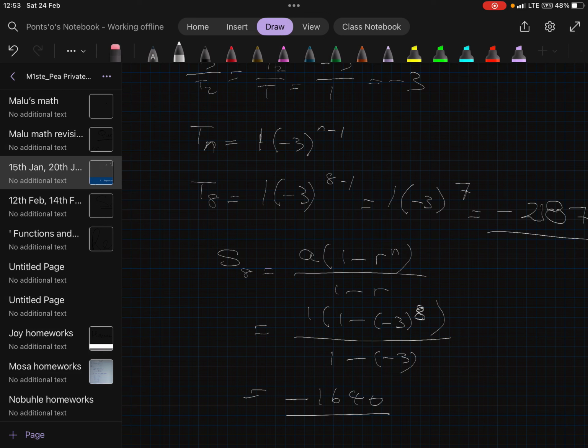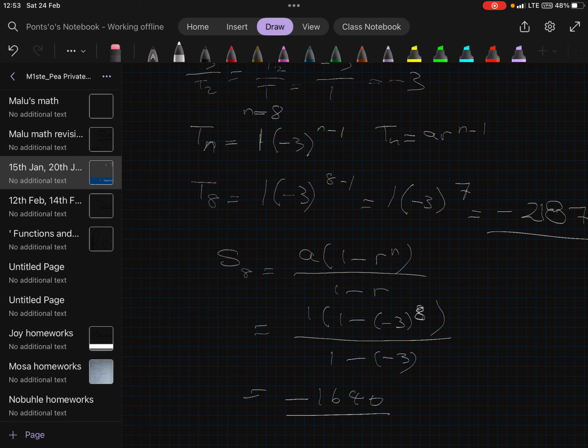So if we're going to find the nth term, and we're given that the nth term is the 8th term, so n equals 8. Let's substitute n equals 8, a equals 1 and r equals negative 3 into our formula Tn equals ar to the power n minus 1.